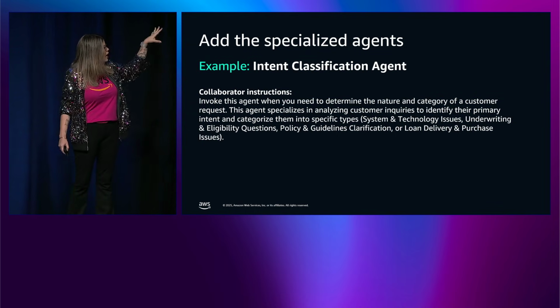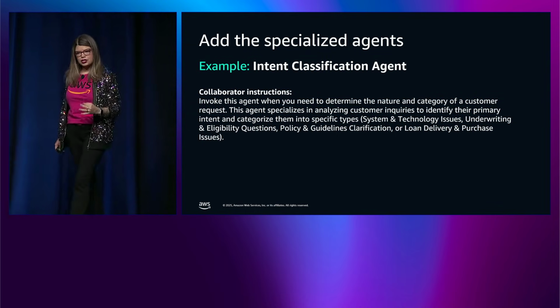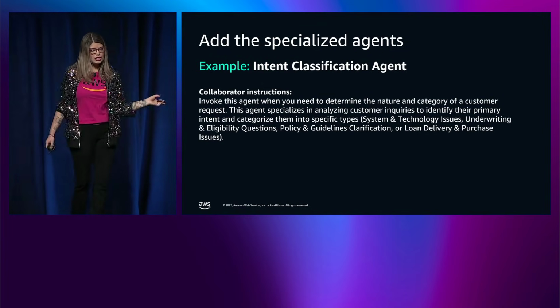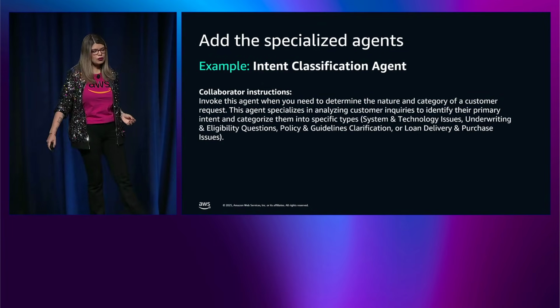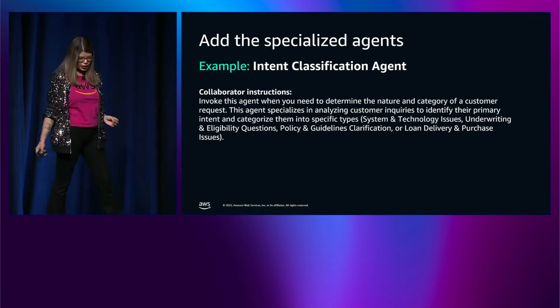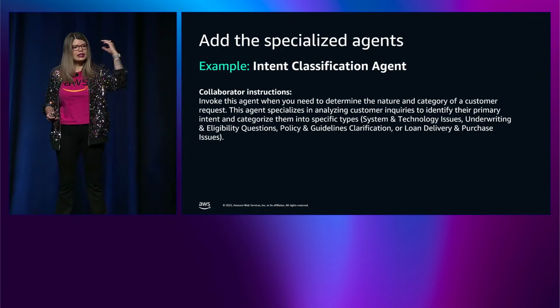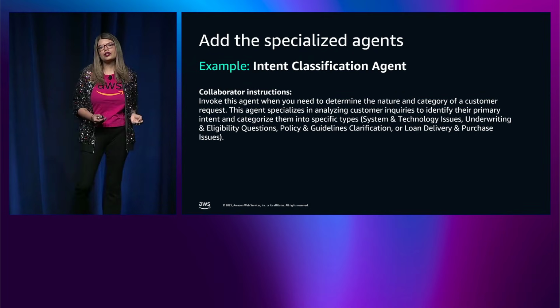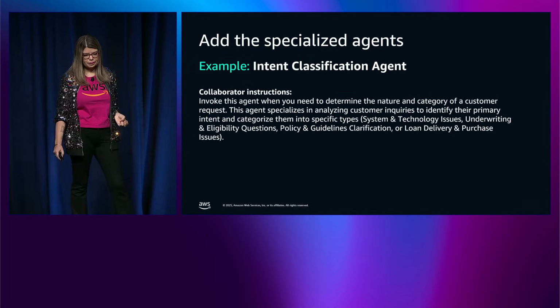And we also have what this agent is specialized in: system, technology issues, eligibility questions, policy, and guidelines classification. Great. So I will attach this agent inside the configuration of the supervisor agent.